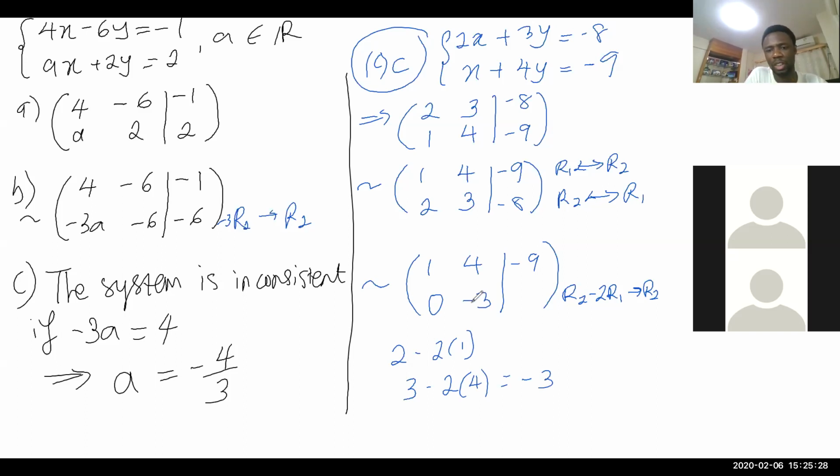Any error? Did you see any error? Then you have -8 minus 2 times -9. So that would be -8 plus 18, which is 10. Is there an error? Can somebody check, please?